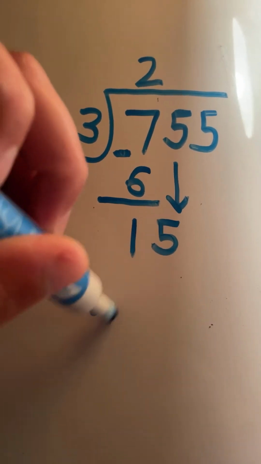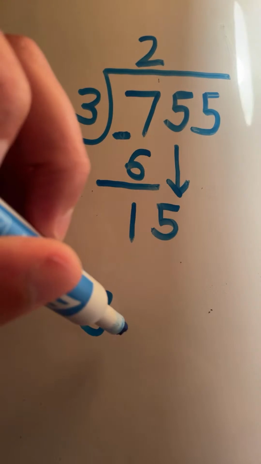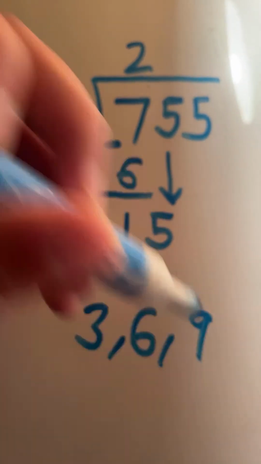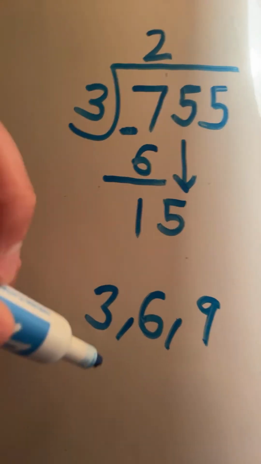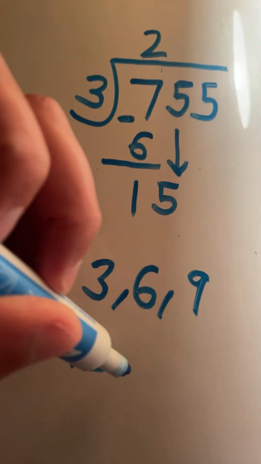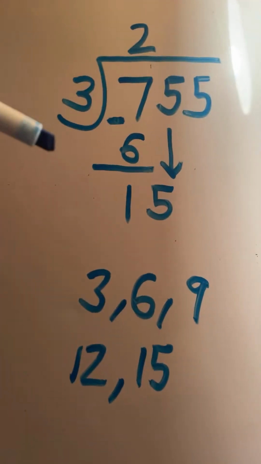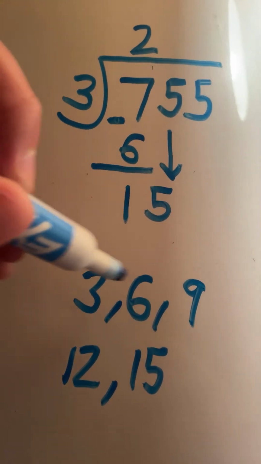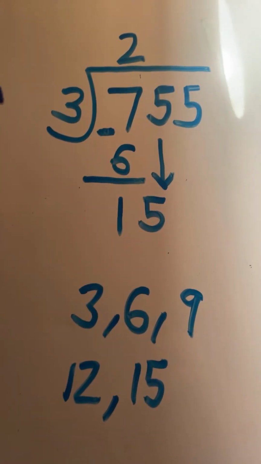Counting by 3s. 3, one group of 3. 6, two groups of 3. 9, three groups of 3. 12, four groups of 3. 15, 5 groups of 3. So we ended up counting by 3s 1, 2, 3, 4, 5 times to get to 15.